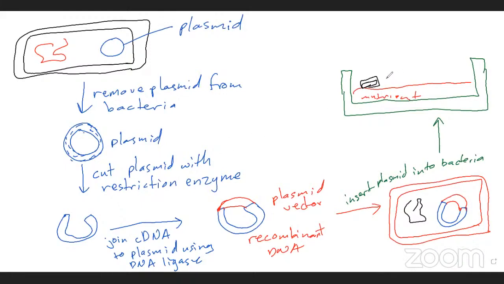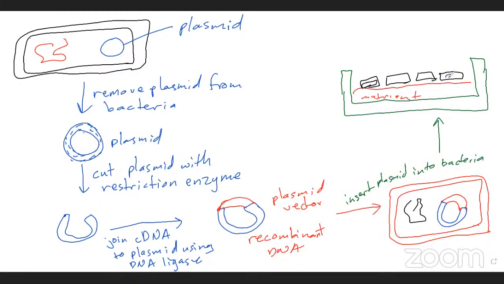You don't have to do this part, but just imagine that these would be the bacteria in the nutrient media, all right? So they will replicate. Once they replicate, every bacteria will have the plasmid inside of it. So all of these will have the plasmid.